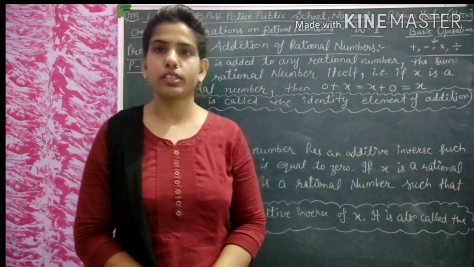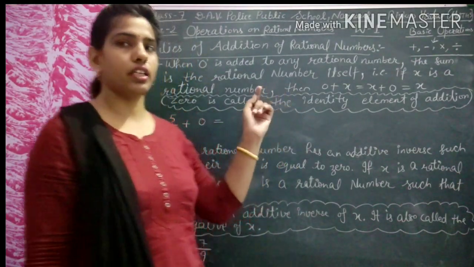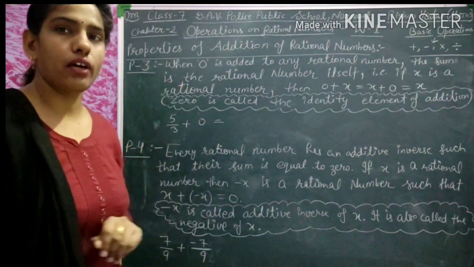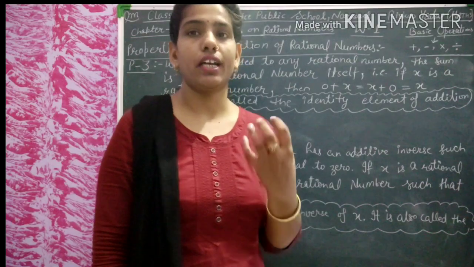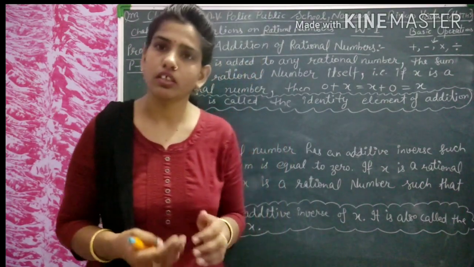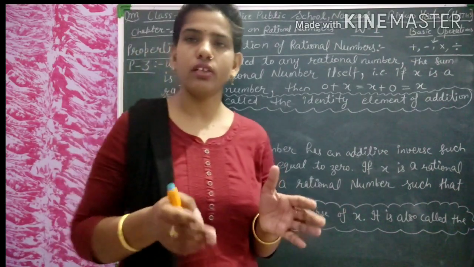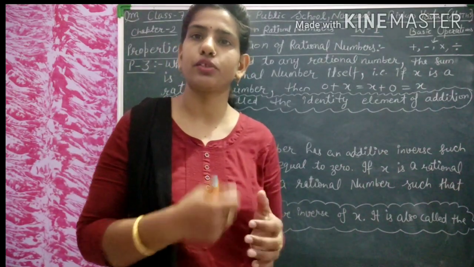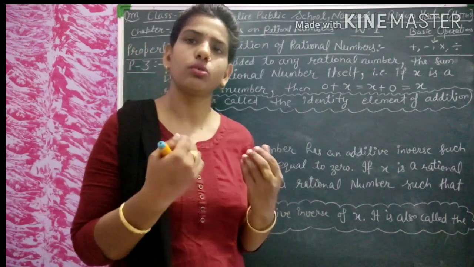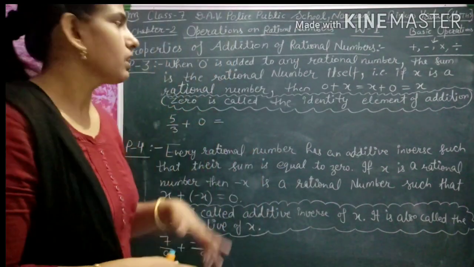Yes, dear students, now we will start property number 3. You have done two properties; remember these properties and their uses in questions. Try to solve questions related to these properties, and then you will always remember them.